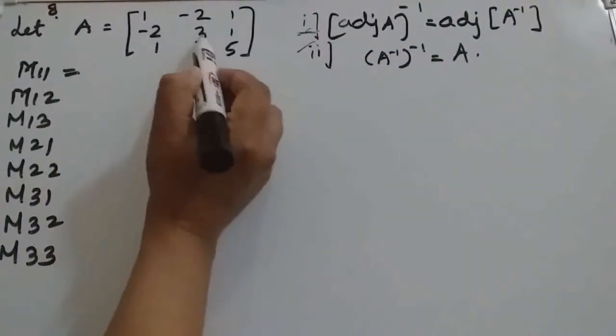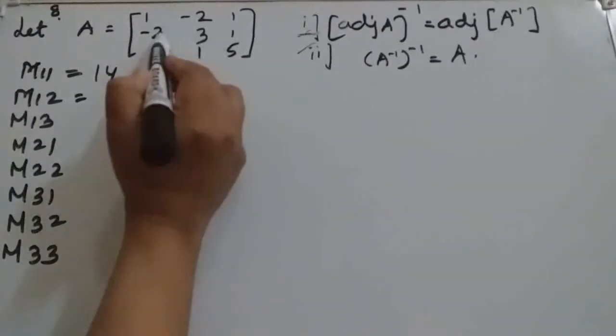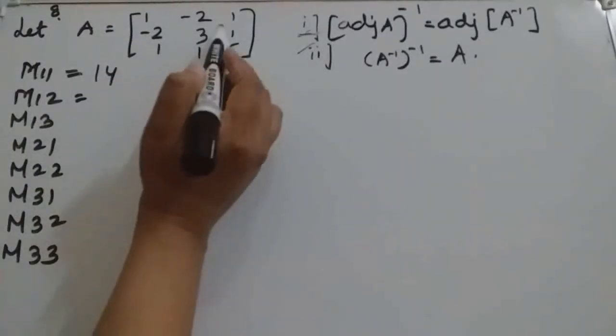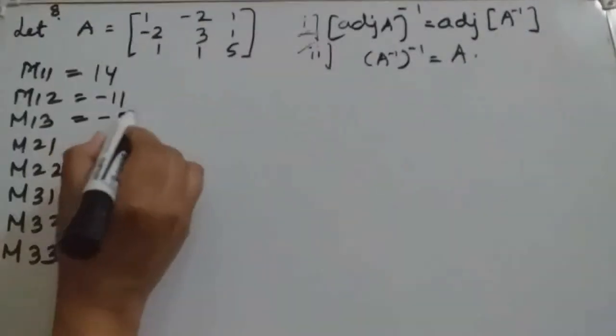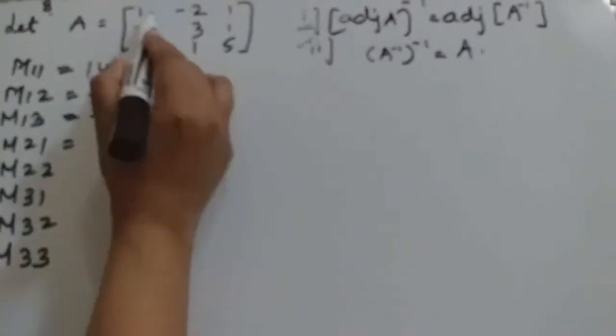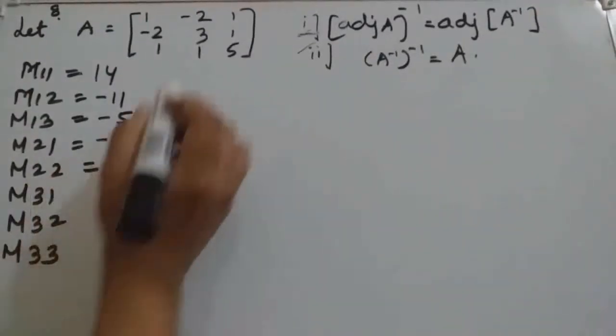First row, first column means 15 minus 1, that is 14. Then first row, second column means minus 10 minus 1, that is minus 11. Then first row, third column means minus 2 minus 3, that is minus 5. Second row, first column means minus 10 minus 1, minus 11.